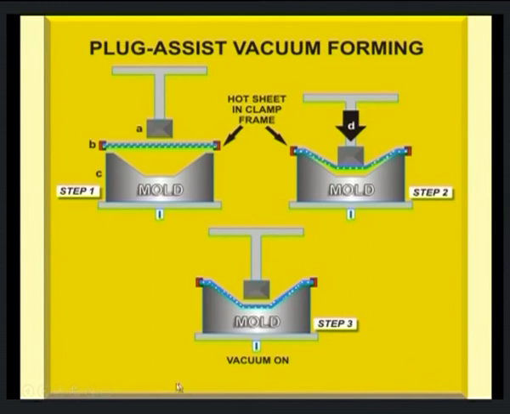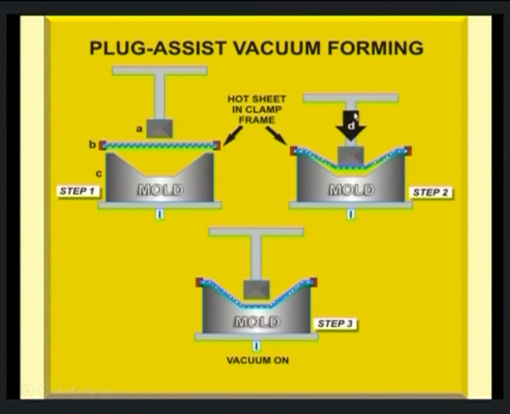This is a typical scheme of plug assist vacuum forming, wherein as usual the first step is that the plastic sheet is clamped just above the female mold. This is step 1, and it is also subjected to heat, thereby it gets softened.